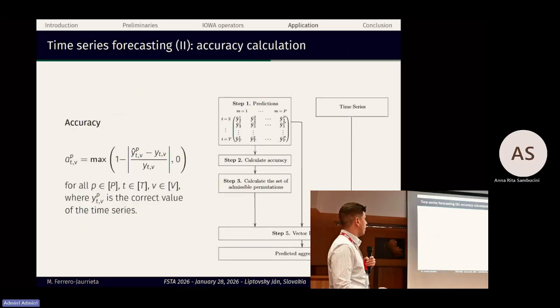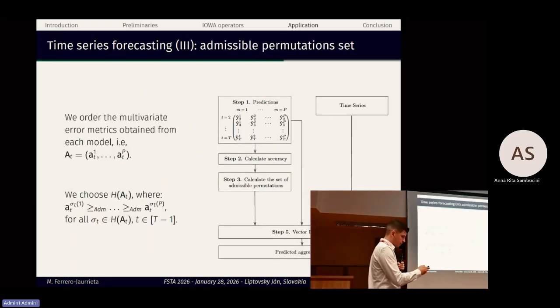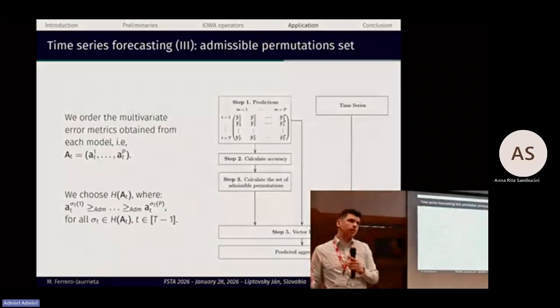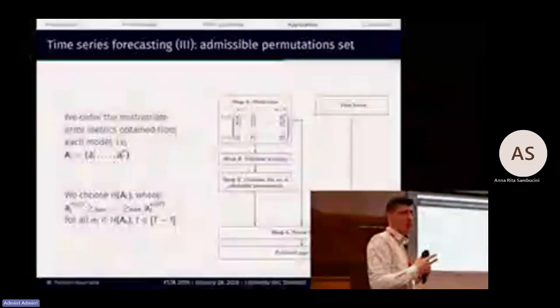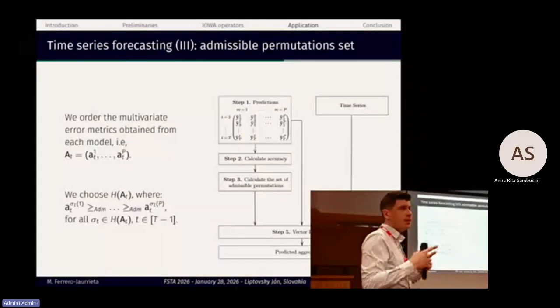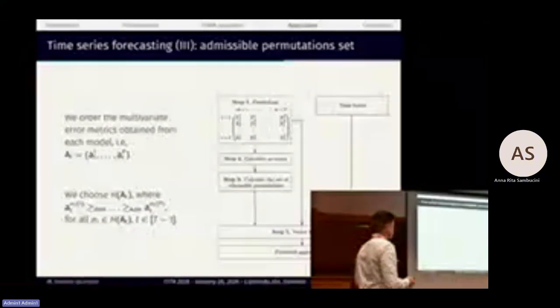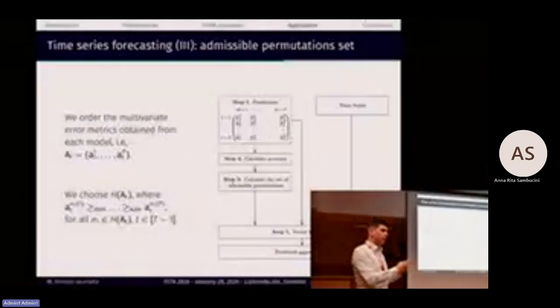Once we have the predictions and the accuracy, we calculate the set of admissible permutations. For the sake of simplicity, we have used the first case, the set of admissible permutations based on the admissible order. So we want to order the predictions from the best ones, taking into account a total order.